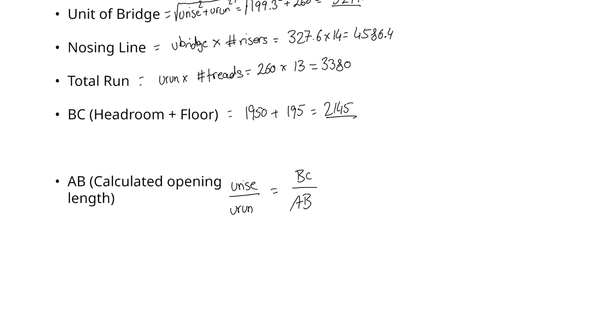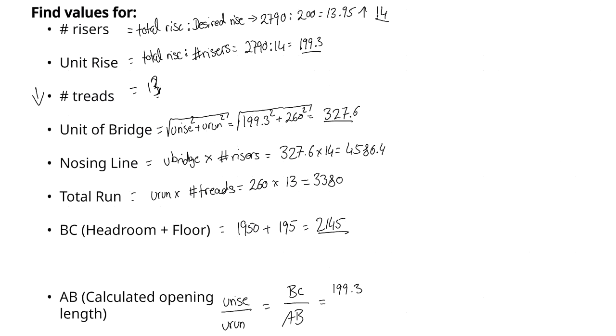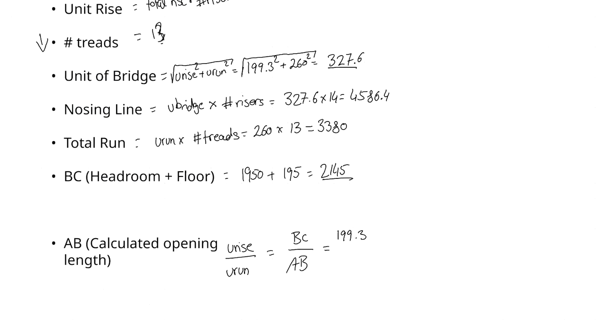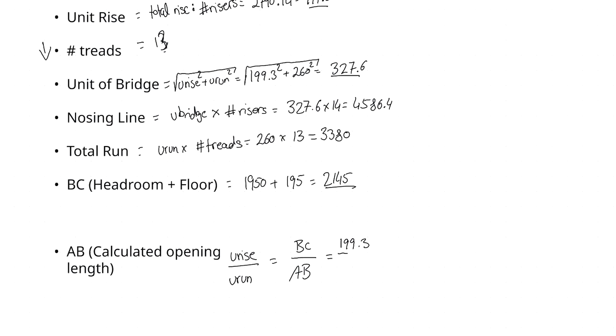So let's pop in the numbers that we do know. Unit rise, we figured that out, right? 199.3. We can scroll up and have a look. There it is. Unit run was given to us at 260. BC, we just figured out, 2145, and AB is what we do want to find out.